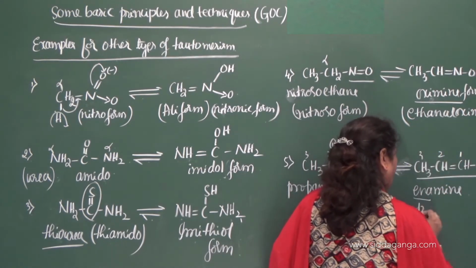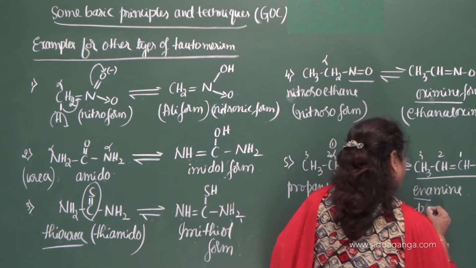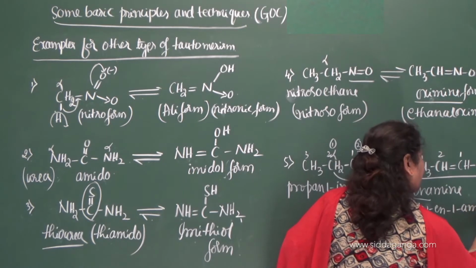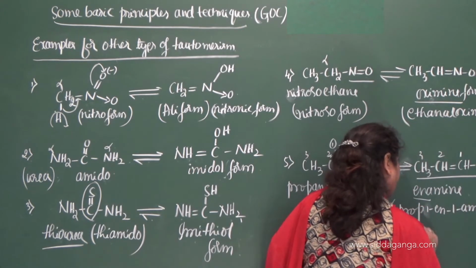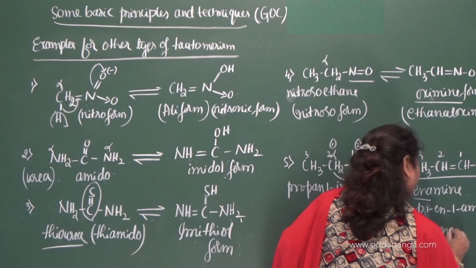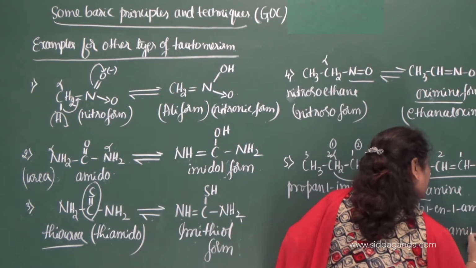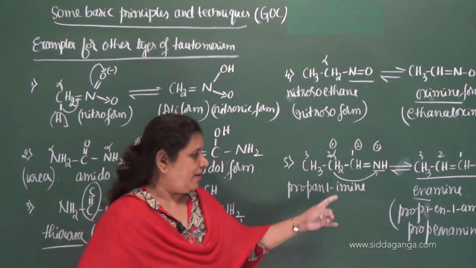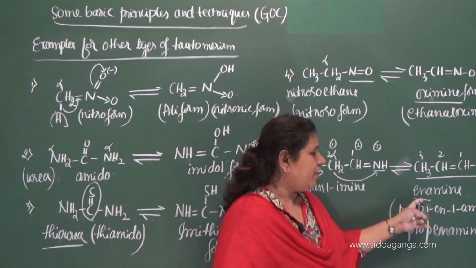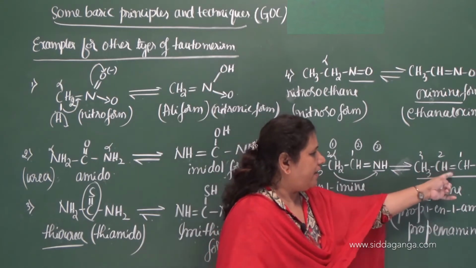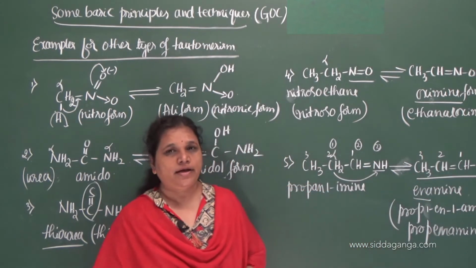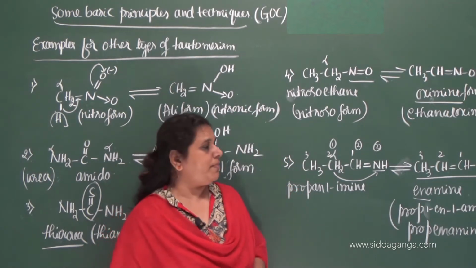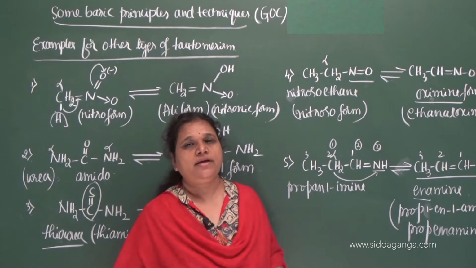Prop-1-ene-1-amine, propenamine. So imine gets converted to enamine. Enamine means there is a double bond between two carbon atoms, and the double bonded NH, a secondary amine group, gets converted to a primary amino group.